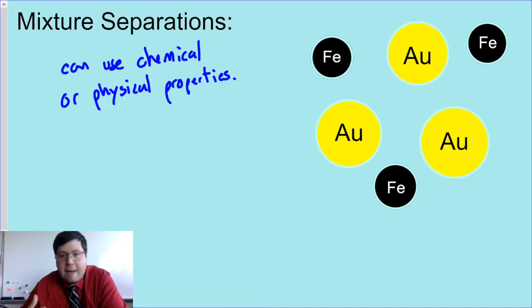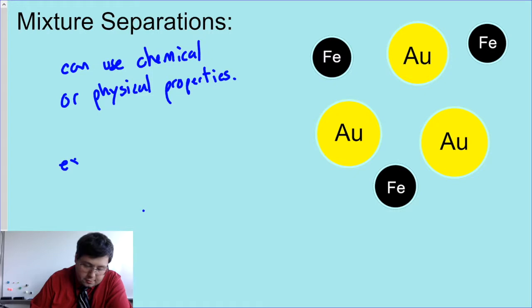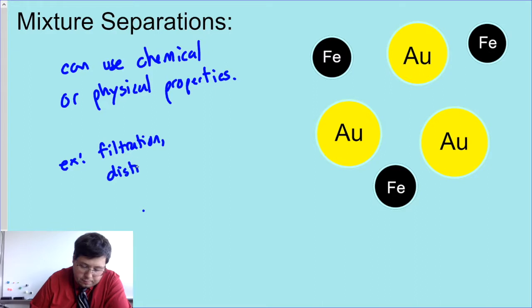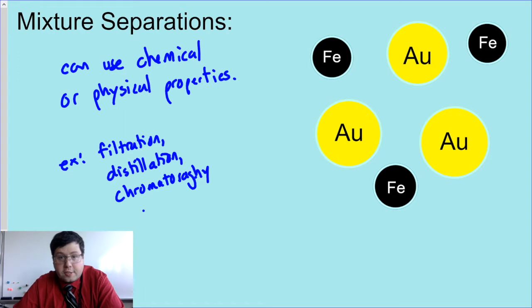And there are many, many examples of these that we're going to see throughout our course. Some good examples are things like filtration, distillation, and chromatography. Filtration separates substances based on their size.